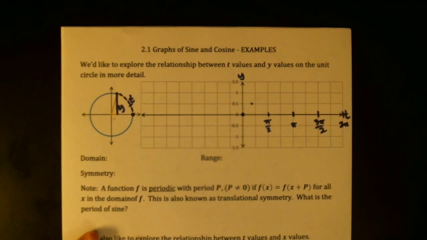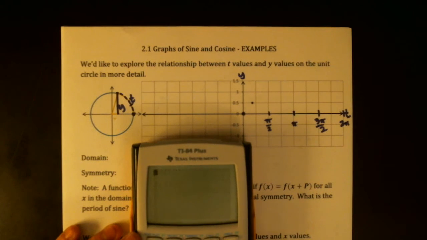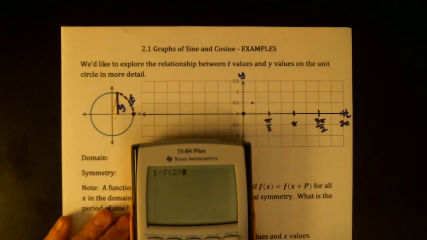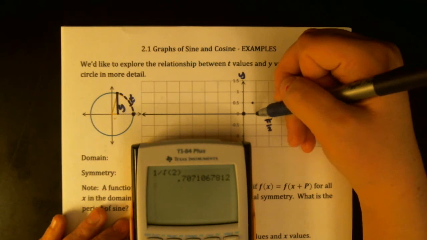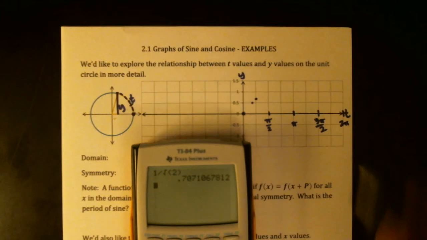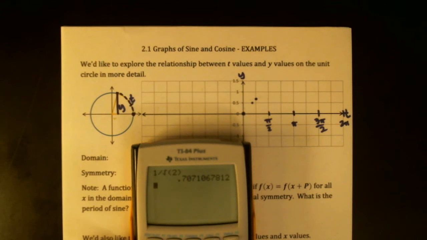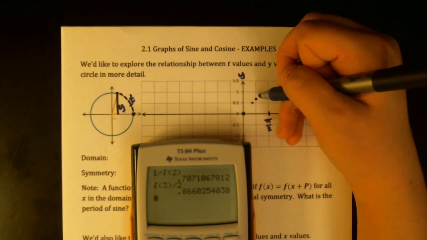If t is pi over 4, I have them in here from playing around earlier, y should be 1 over the square root of 2, which is about 0.7. So here's pi over 4, 0.7, and then root 3 over 2 goes with pi over 3, and that's 0.86.